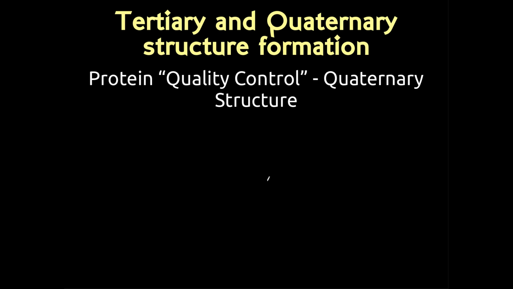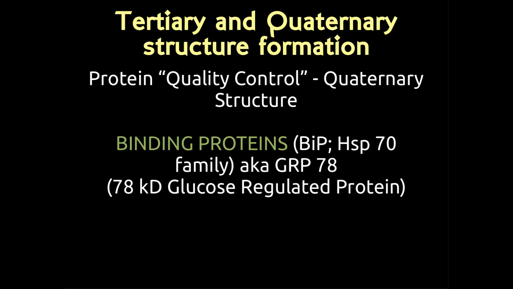Okay, so let's talk about protein quality control, just generally and in terms of quaternary structure. We have quite a few proteins associated with heat shock proteins, which are known as binding proteins, or BIPs. These belong to the heat shock 70 family of chaperones.